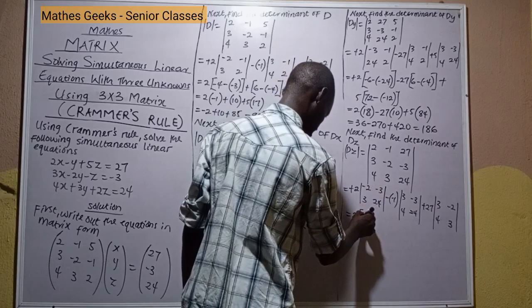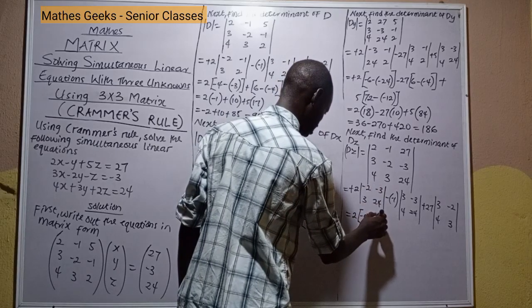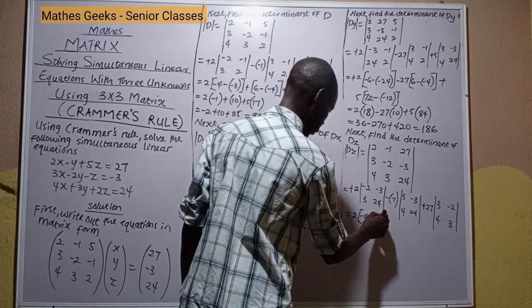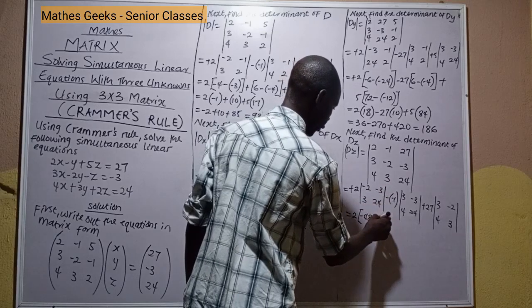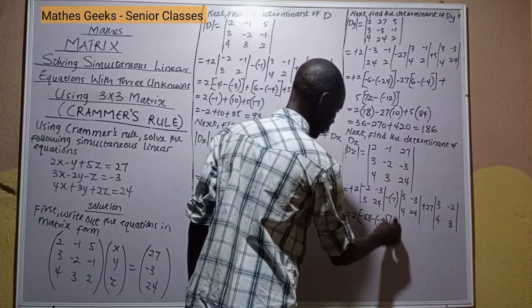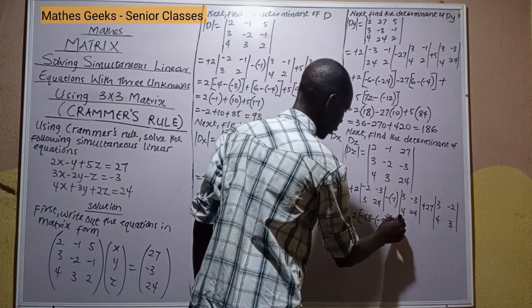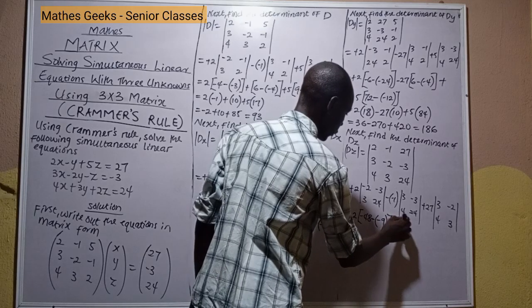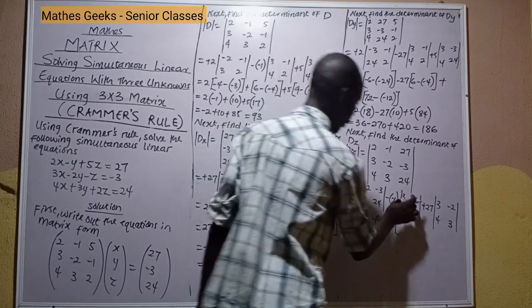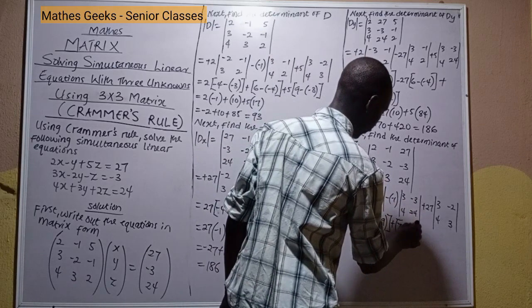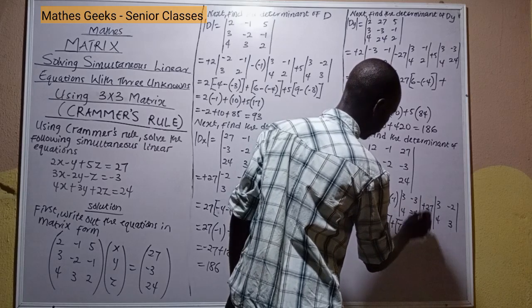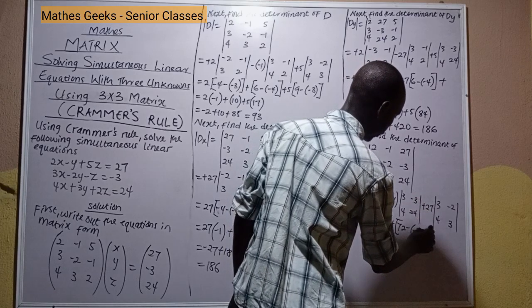Minus 2 times 24, minus 48, minus 3 times 3, minus 9. Minus times minus is plus. 3 times 24, 72, minus 3 times 4, minus 12.